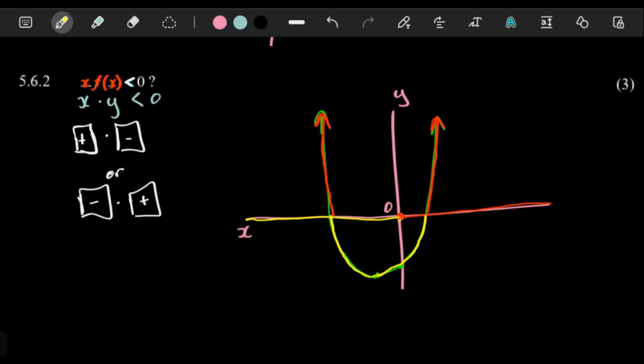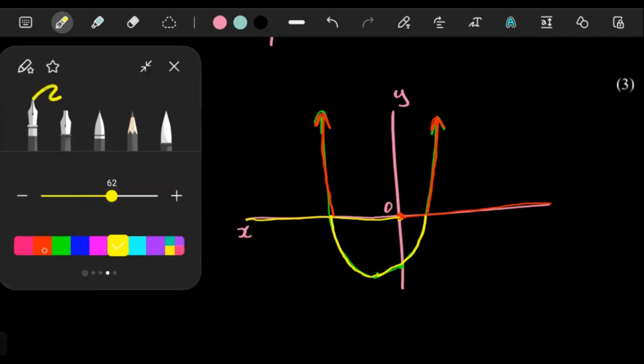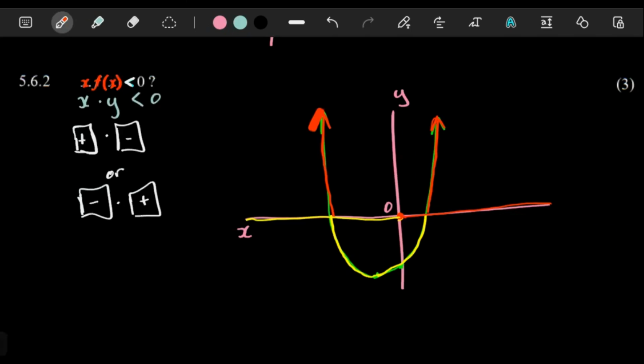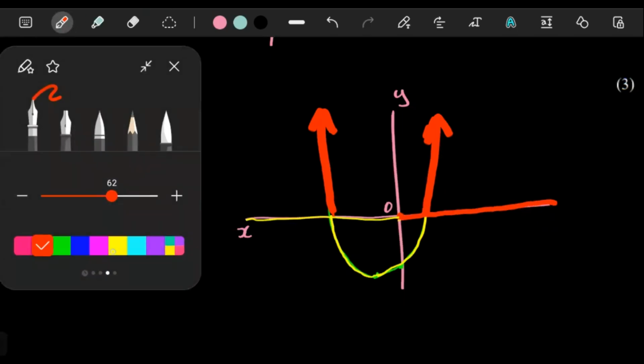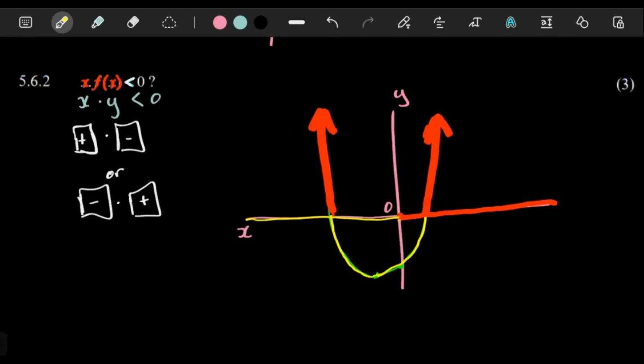When it is color coded like this, it makes our life a bit easier. Let me make this a bit thicker. So this is positive y values, and going to the right, this is positive x values. The yellow is representing negative x values and negative y values. I think this is much better to look at.